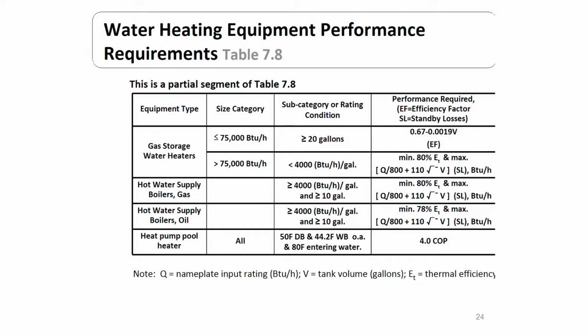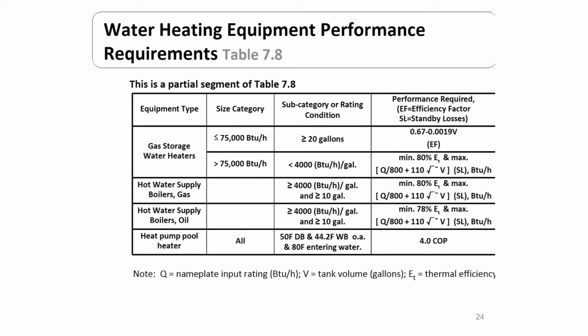This is the table. This is a partial segment of the table. That table does go on rather in lengthy form for about 2 pages. But this shows all the different types of equipment, what size they are based on BTUs per hour, possibly a storage capacity size, as you see here, 20 gallons or more. And then over here we have the equation for the actual performance requirement.